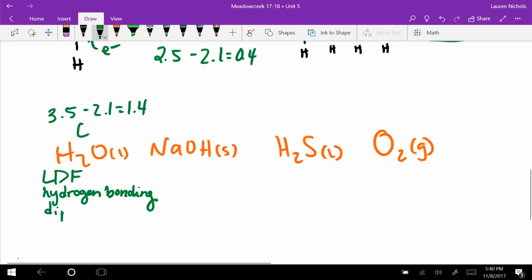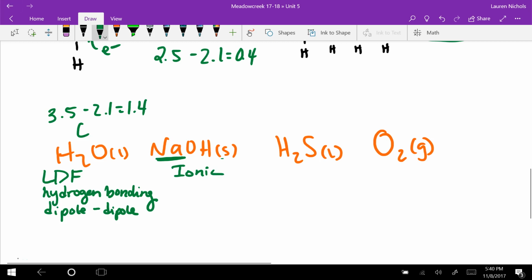So we're also going to have dipole-dipole. Whereas NaOH, because sodium is a metal, so this is sodium hydroxide, we're going to have ionic bonds in there. It is an ionic compound.